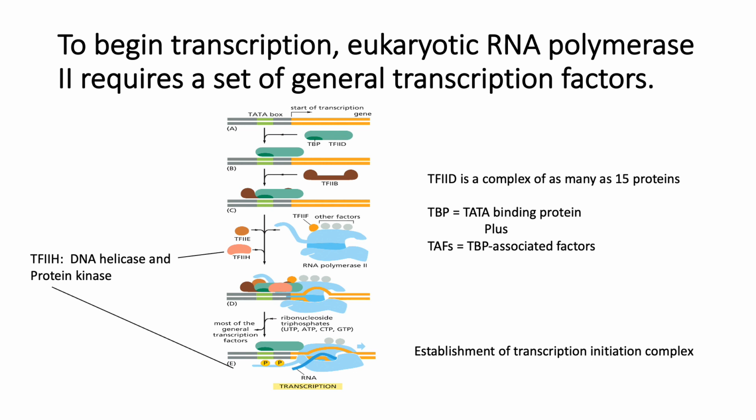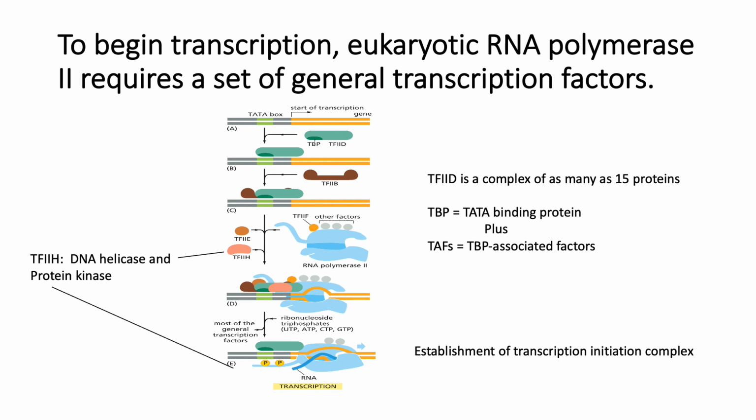It's actually a dimer, two proteins together. TBP stands for the TATA binding protein. And actually, if you look at the TF2D up there, you can see that the TBP is shown a little bit darker green, and that is the part of the complex that actually binds to the TATA box.